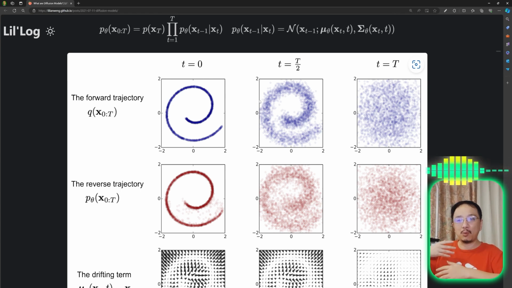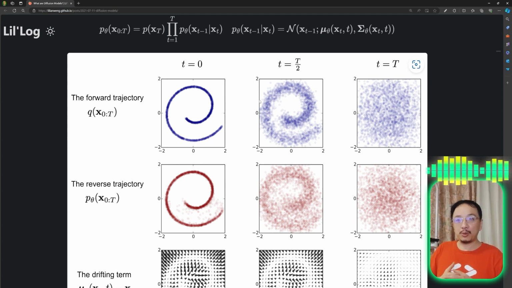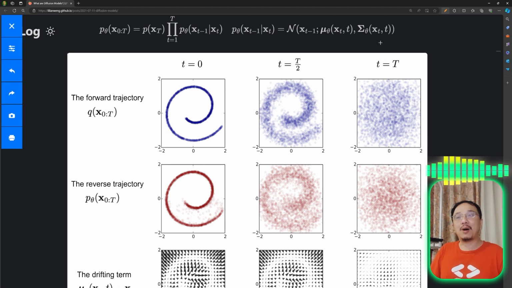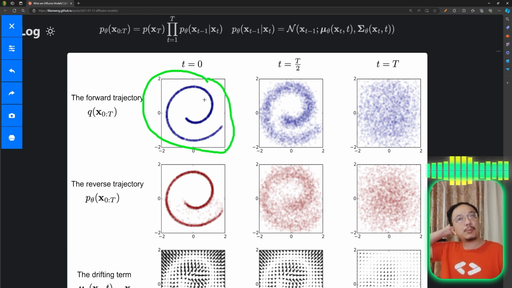But anyway, we imagine a random distribution. It's only that we don't know what it is, but we are modeling it as a random distribution. So this is a visualization of a random distribution. This one is our target random distribution.